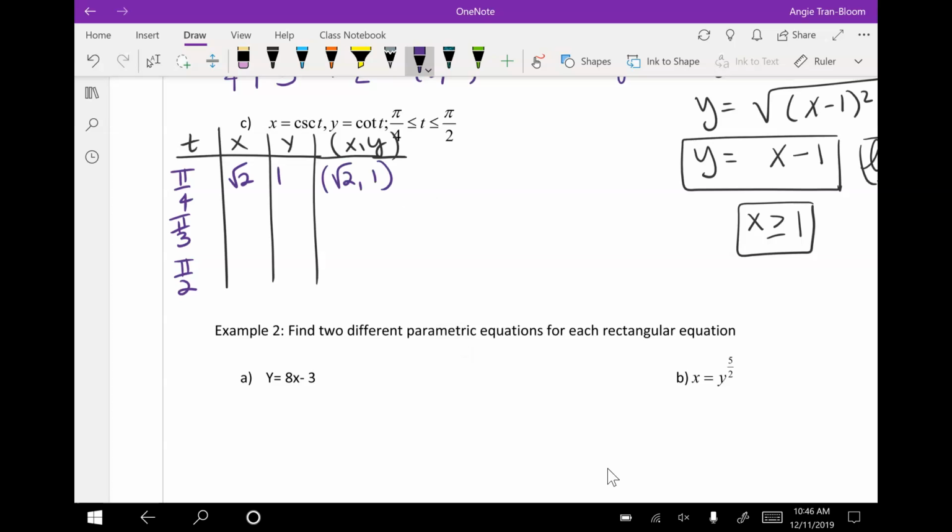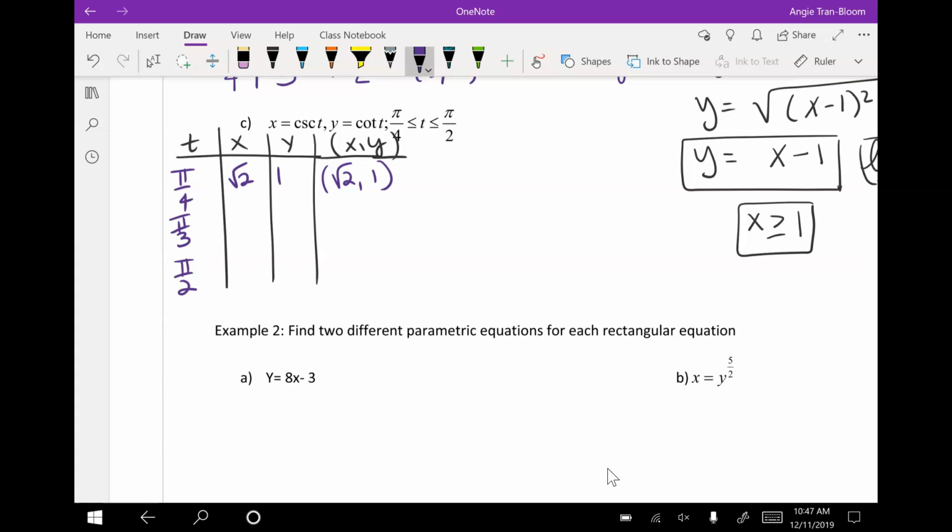Now pi over 3. Remember, you can also do sine and just flip it. What's sine of pi over 3? Yes, sine of pi over 3, because we'll flip it after. Okay, if you don't remember cosecant. Rad 3 over 2? So we flip it, so 2 rad 3 over 3. Would that be okay?